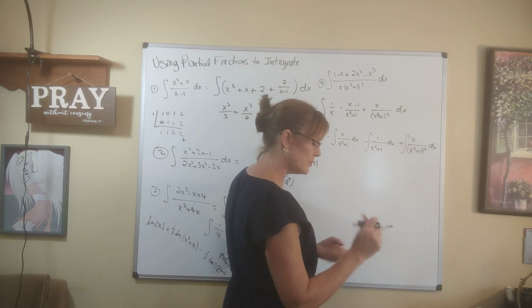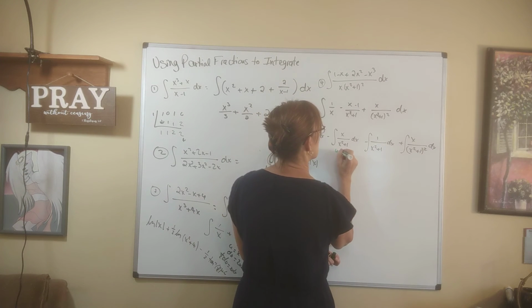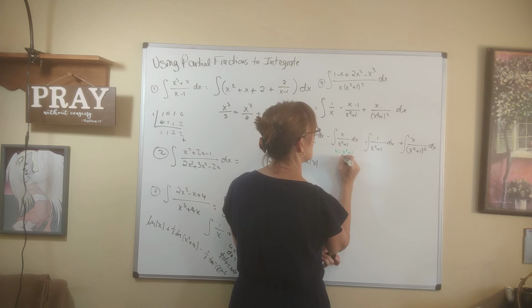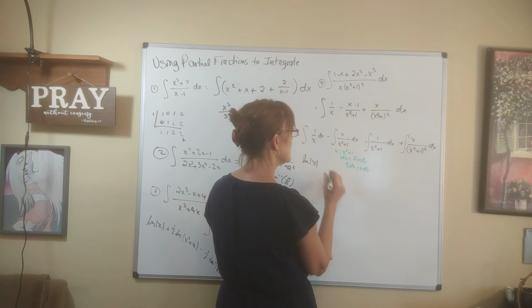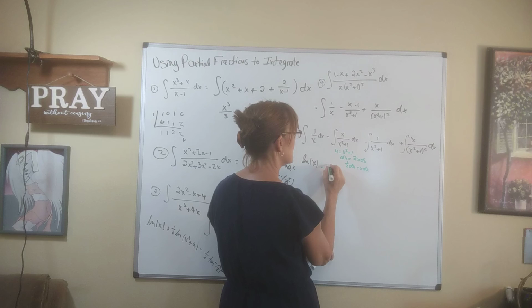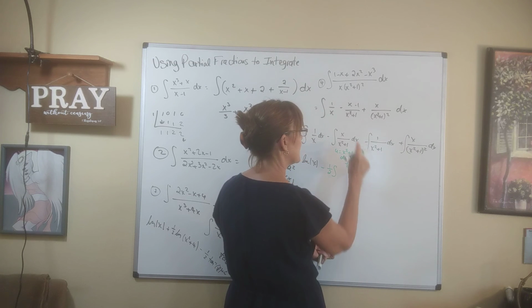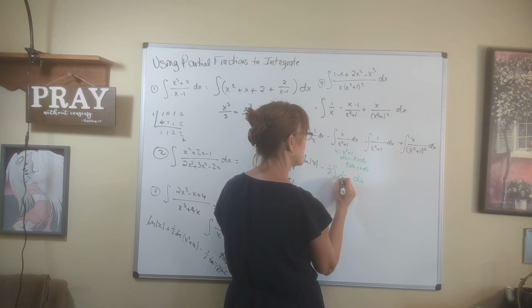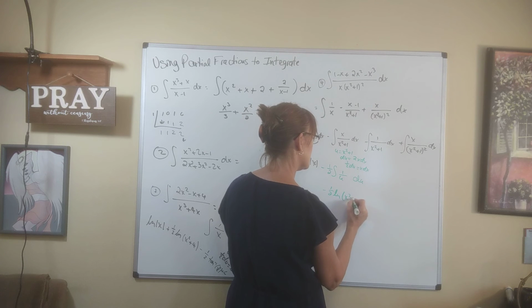Now here, I'll use a u substitution. I'm going to let u equal x squared plus 1. du is 2x dx. 1/2 du is x dx. So this ends up being minus 1/2 du is my x dx, 1 over u. So this ends up being minus 1/2 the natural log of u, which is x squared plus 1.